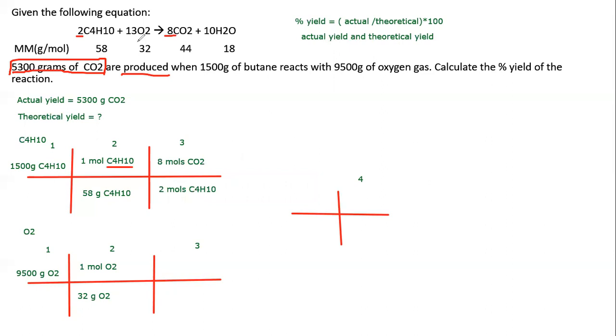If we look at the mole ratio, 13 moles of O2 produce 8 moles of CO2. So since we're starting with moles of O2 on the top in slot 2, it goes on the bottom in slot 3. Now we're going to see which one produces the fewer moles of CO2.